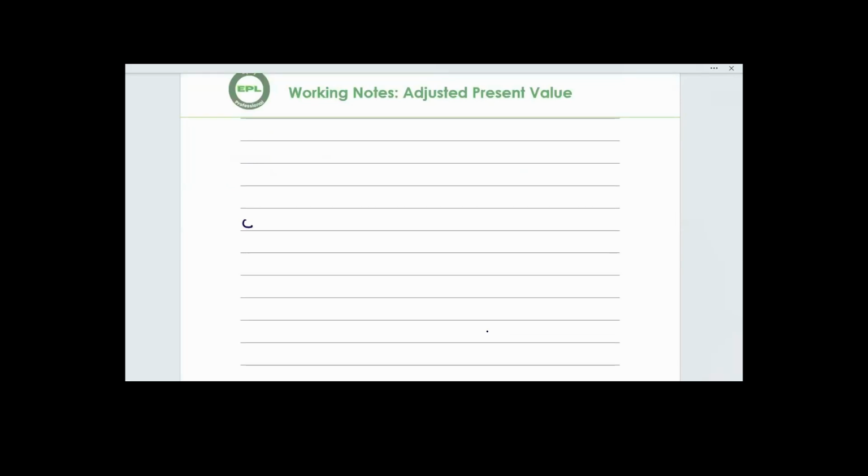So let's say this is our working. Let me extend it beyond this for my PV of financing effects. Second page, third page, then let's start workings from here.